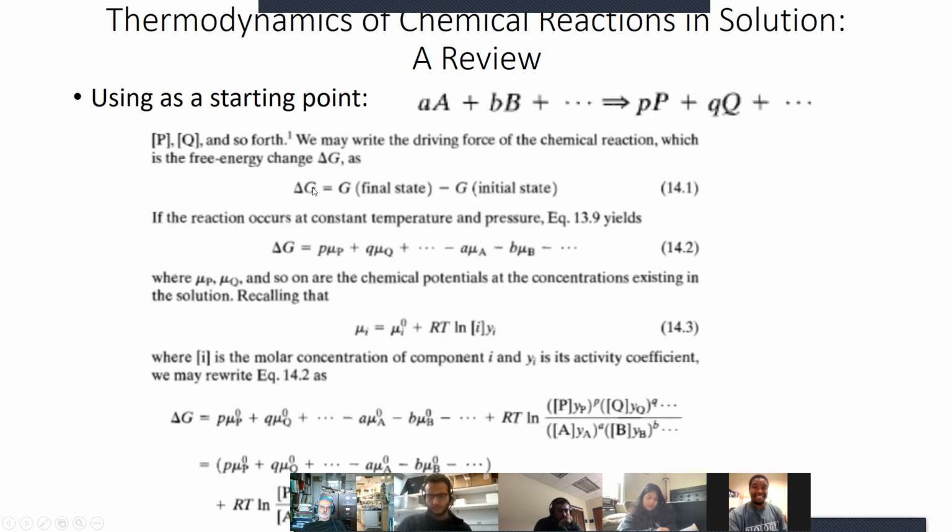Delta G Gibbs free energy is a state function. And then we end up using the same expression, okay, that delta G involves P moles of P, stoichiometry in the reaction, times the chemical potential of P plus Q times chemical potential of Q.